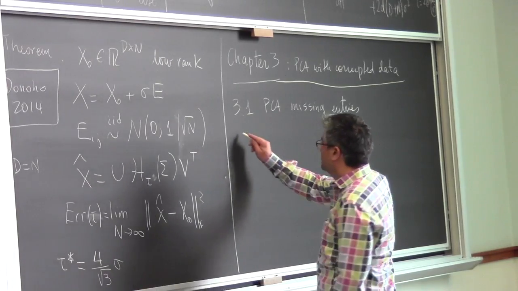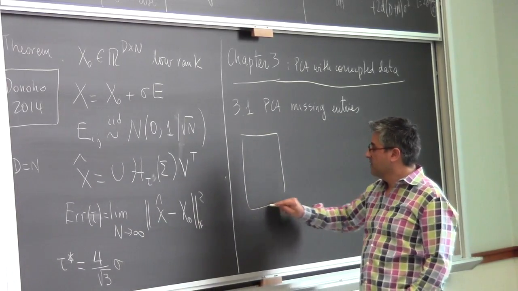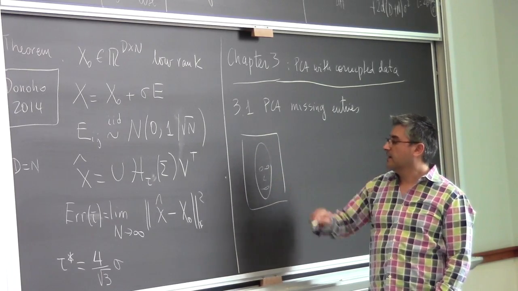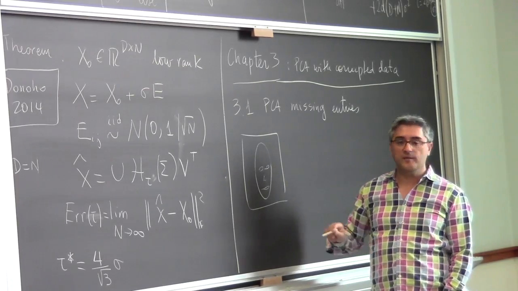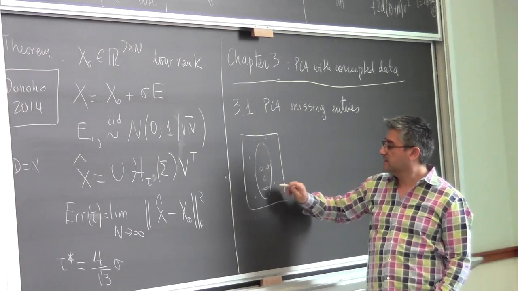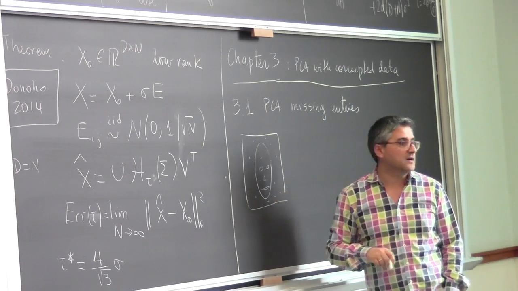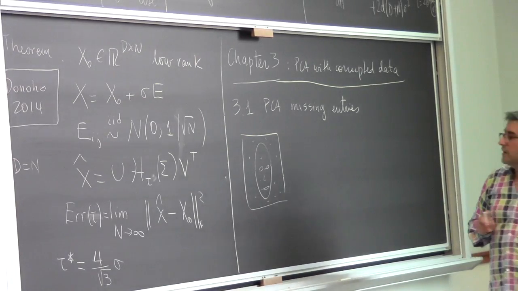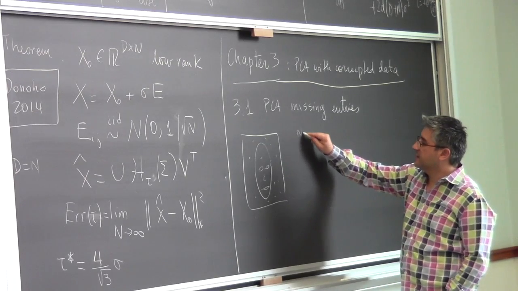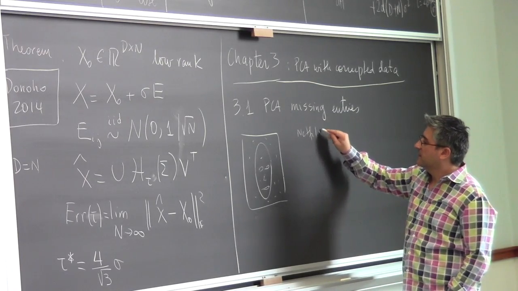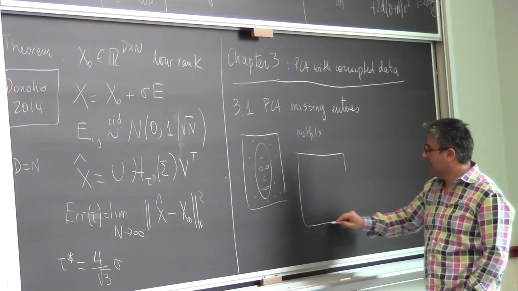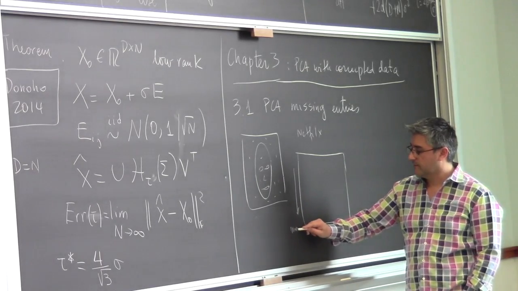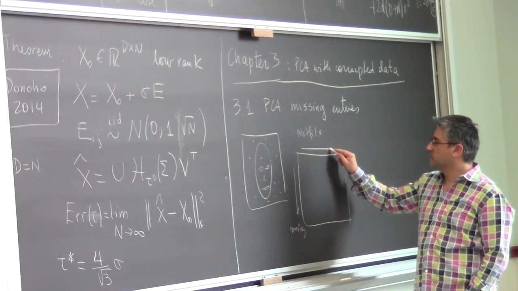So what are examples where missing entries show up? For example, in the case of face images, I could be in a situation where lots of pixels all over the place are missing, because someone went and I don't have the values for those pixels. Or we could have the Netflix example, where in this direction I have the movies, and in this direction I have the users.